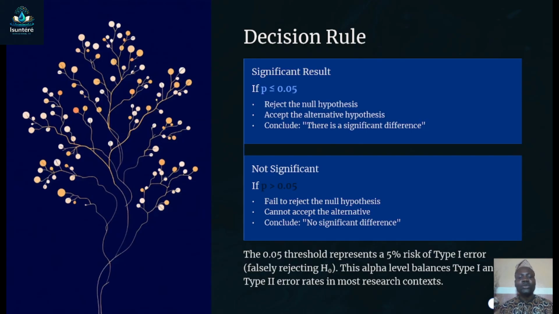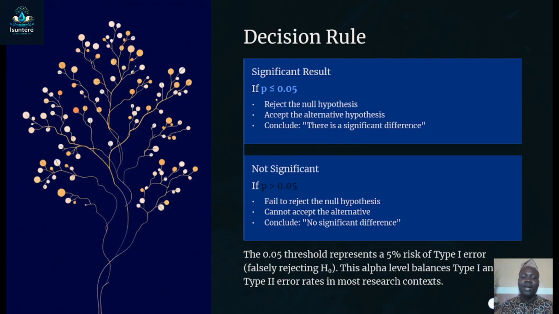The next thing is, how do we decide? The rule is that when p is less than or equal to 0.05, we reject the null hypothesis and accept the alternative hypothesis and conclude that there is a significant difference. When p is greater than 0.05, we fail to reject the null hypothesis and we cannot accept the alternative hypothesis.